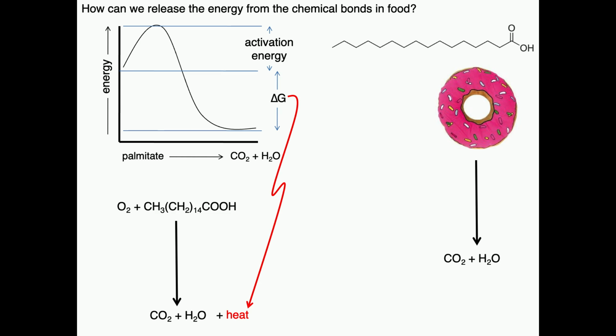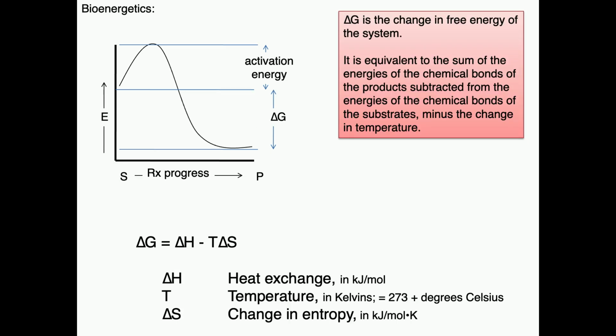Okay, so the delta G, or the total energy change from the starting conditions to the ending conditions of any system, that's the Gibbs free energy change. So that's going to be a parameter of a reaction that is going to be dependent on temperature and substrate and product concentration.